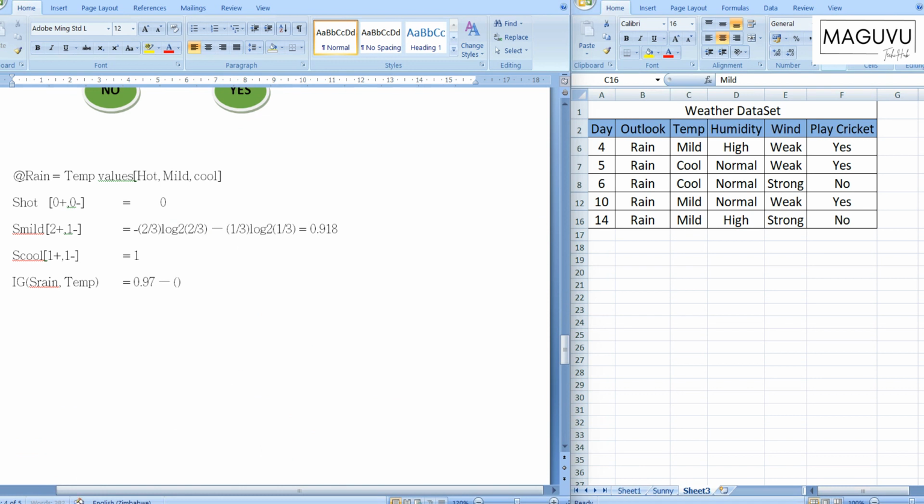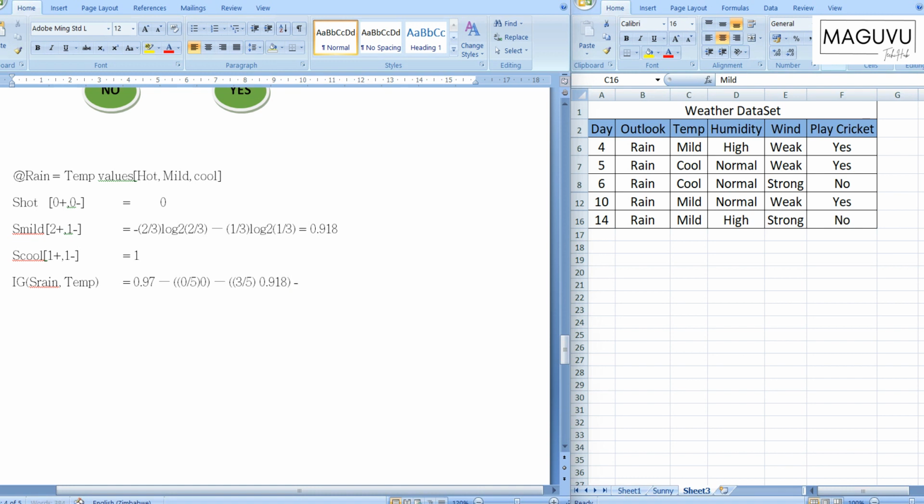Then we consider the 3 values that we have there, right? Our first value is 0 divided by the number of days where we have got rain, which is 5. We multiply that by the entropy, which is 0. And then we now want to consider mild. When we're considering mild, we've got 3 divided by 5 multiplied by the entropy, which is 0.9.